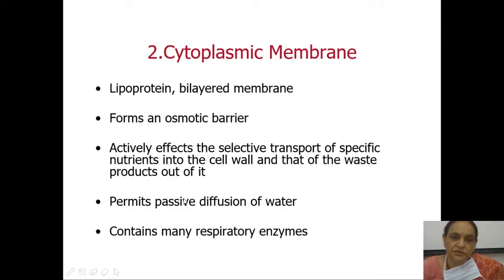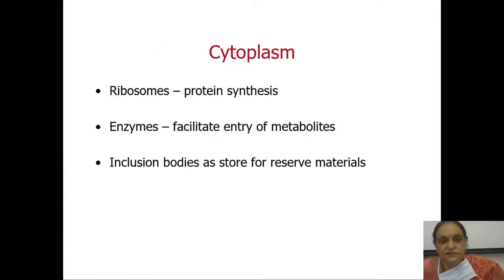It has ribosomes which help in its protein synthesis. It has enzymes which facilitate entry of metabolites. But for us, it has inclusion bodies which we can use with a special staining technique to identify this bacteria. For bacteria, they serve as a store for energy and reserve materials.